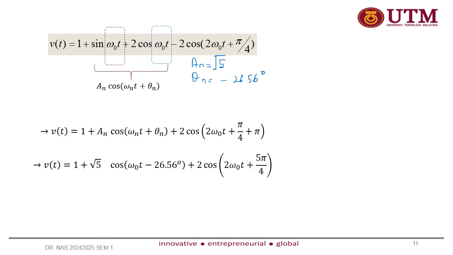V(t) is equal to 1, and this is the equivalent equation, plus the third component. It was negative, and now you have changed it into positive by having a positive pi phase shift. So now replace An by square root of 5 and theta n by negative 26.56.